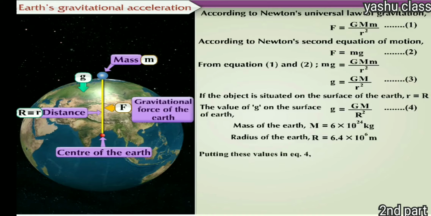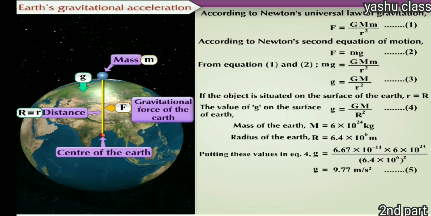Substituting all these values in equation 4, we get small g is equal to 6.67 into 10 raised to minus 11 into 6 into 10 raised to 24 upon (6.4 into 10 raised to 6) bracket square, which is equal to 9.77 meter per second square.